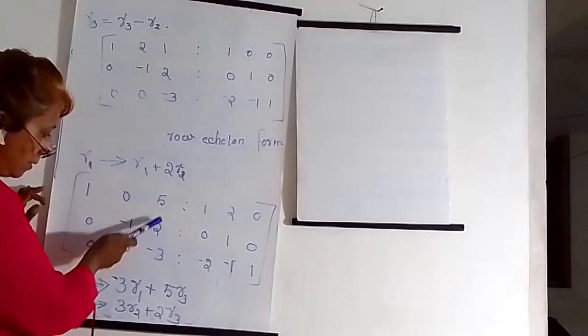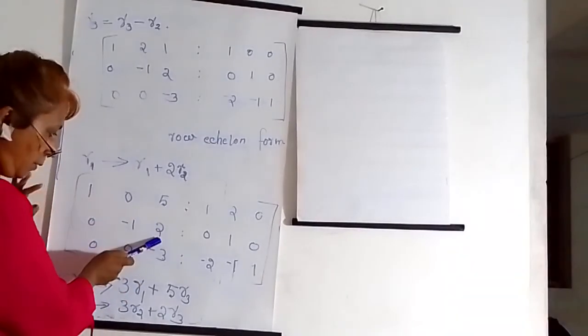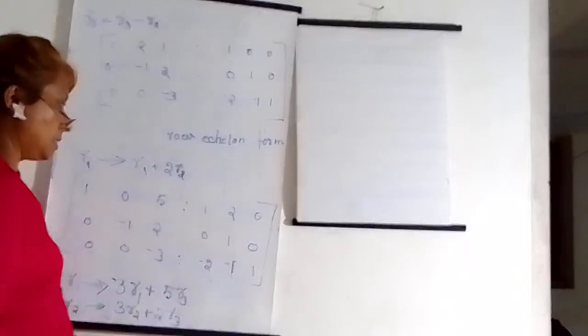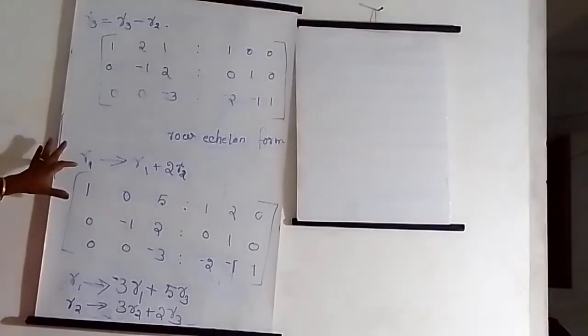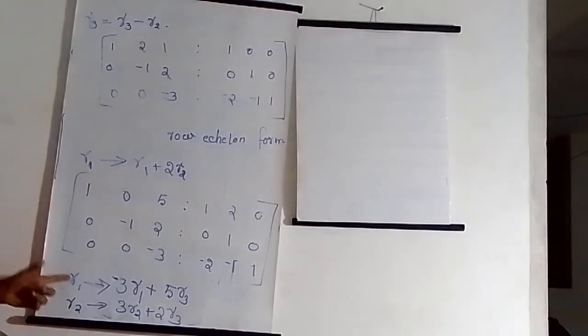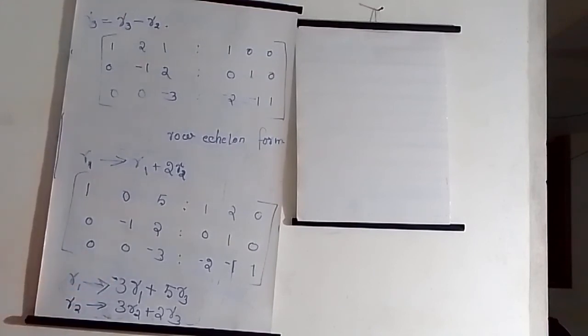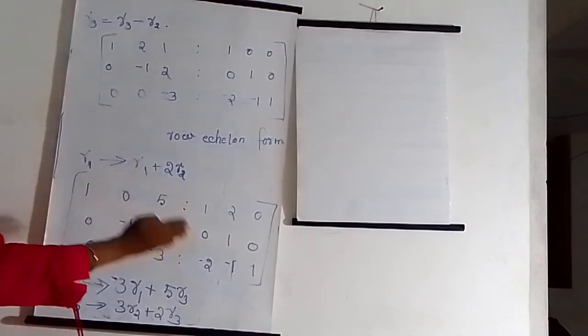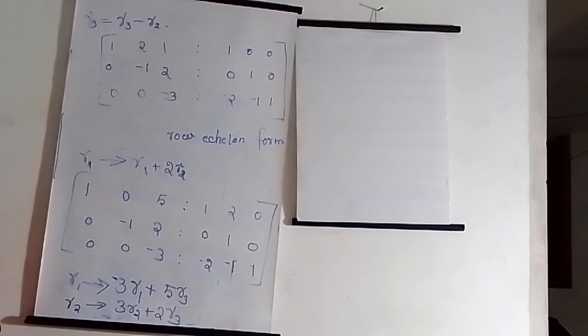Then we are going to get a 0 here, and the corresponding changes for the right side also. Then we will get an identity matrix. This negative should also somehow be changed. Then what we get on the right side is the inverse.